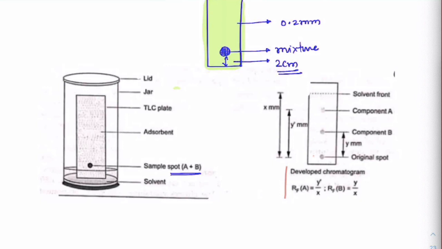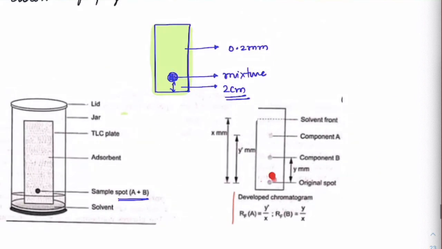Now what would happen? The minute you touch this to the solvent, the solvent will start moving rapidly in this stationary phase. Got it? So the solvent has very high eluency. I hope you understood what I am saying. The solvent has the highest rate to travel, and it will start moving upwards.